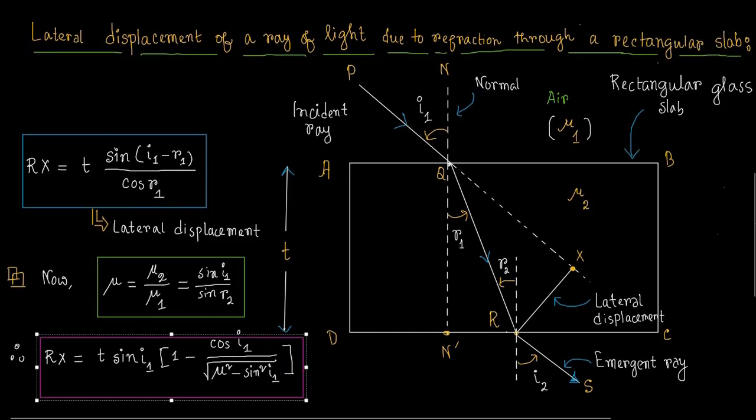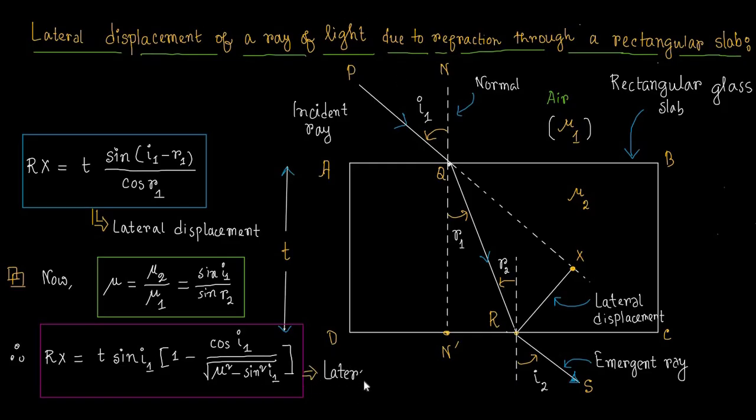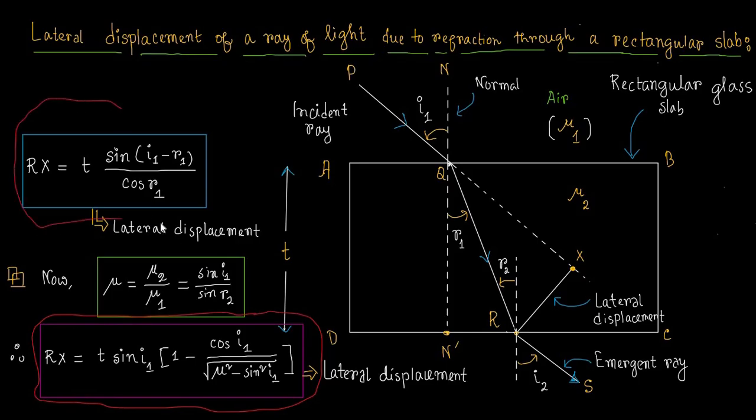Rx is equal to t sine I1 into (1 minus cos I1) divided by root over mu square minus sine square I1. This is the expression of lateral displacement Rx in terms of thickness t and I1. So Rx has two expressions.